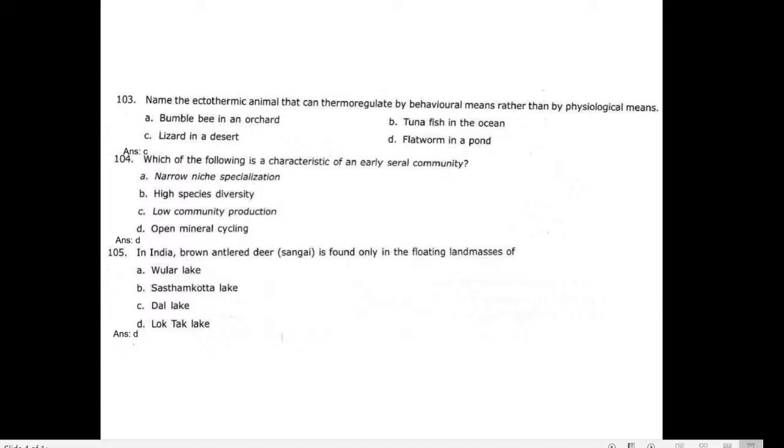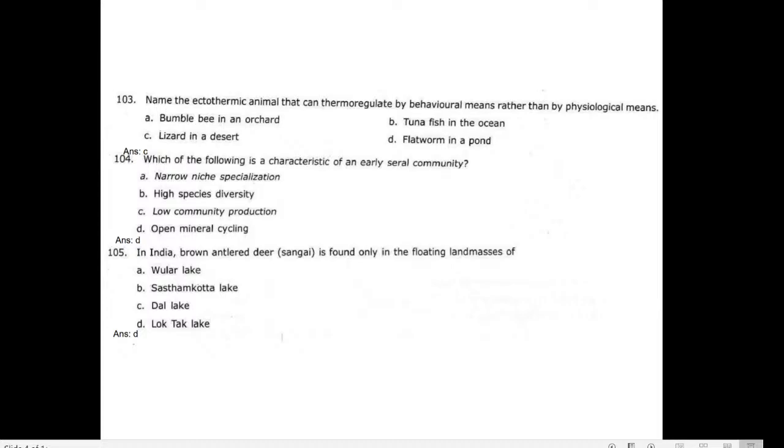Among these, the intermediate stage is the seral community. The word sere means intermediate. From that word, the seral community comes. It is advancing towards the climax community.